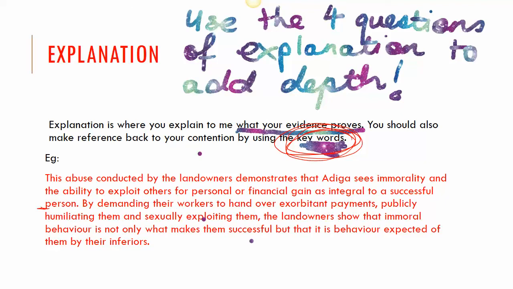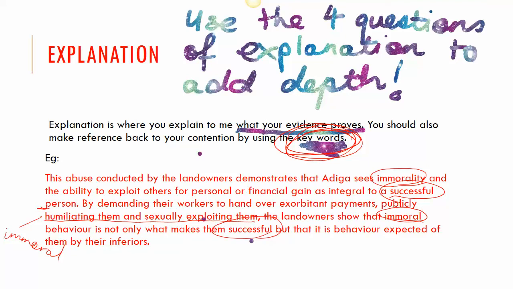Now, you will have a look and see that I'm using my keywords: successful, humiliating them, sexually exploiting them, that's obviously immoral. Got the word immoral there, makes them successful.